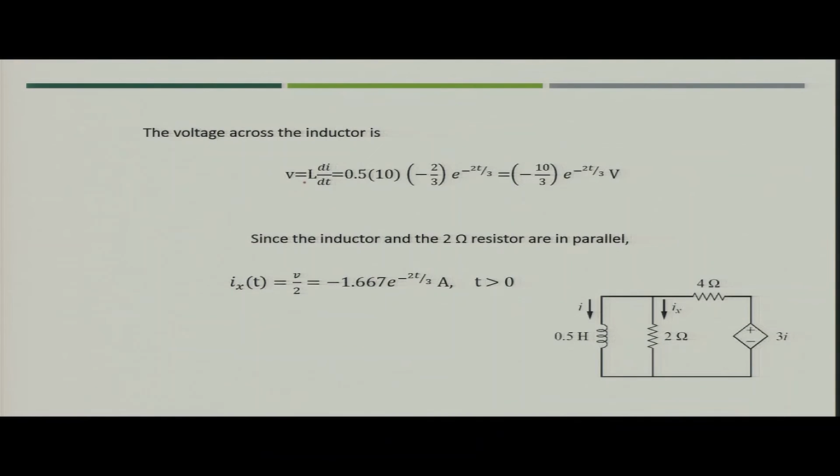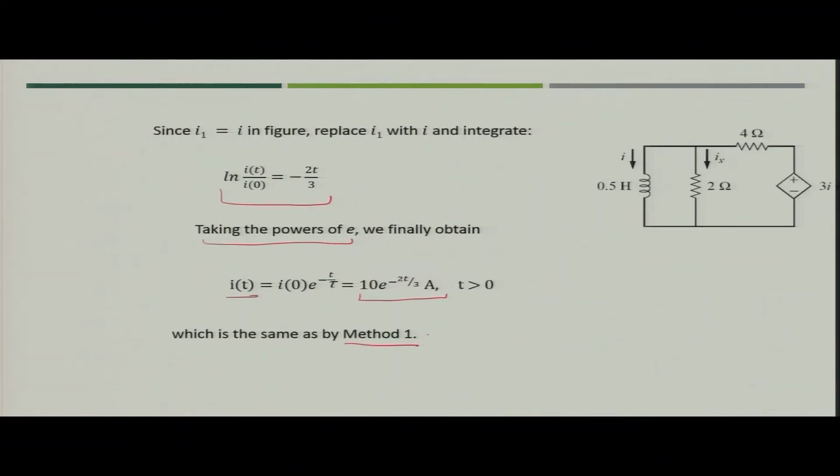Next task is we need to find the value of V, which is nothing but the voltage across the inductor. So, voltage across the inductor is L di by dt. We can put the value of inductor L and then the initial value of current I naught, because when you differentiate it, you will get the value of di by dt.